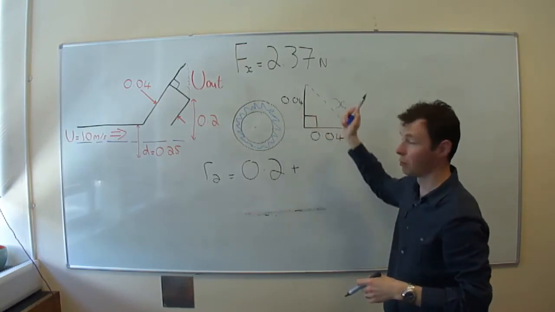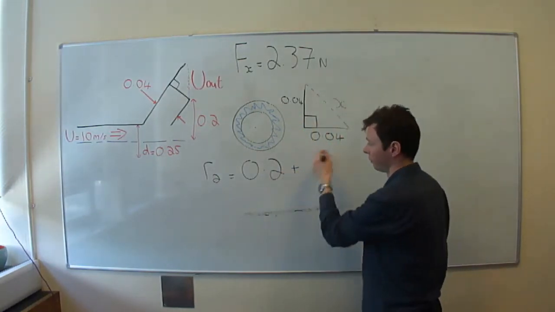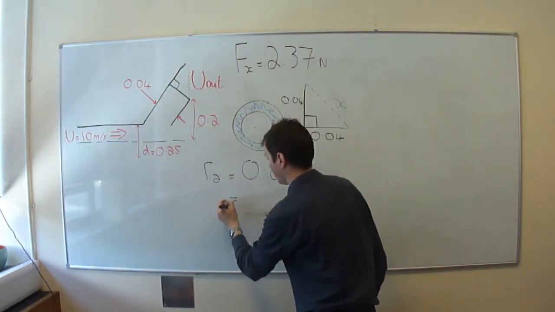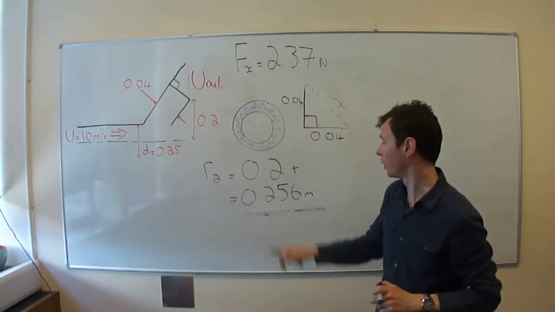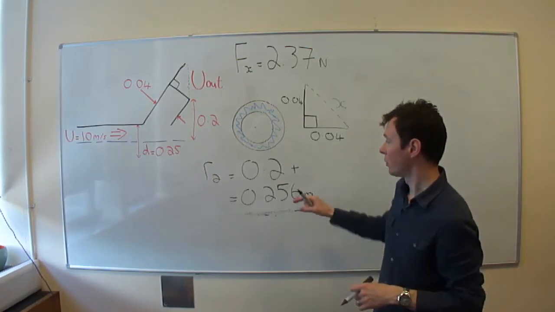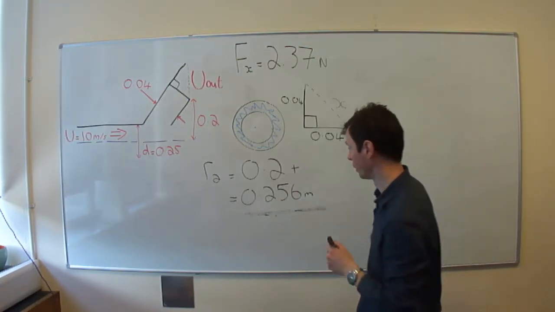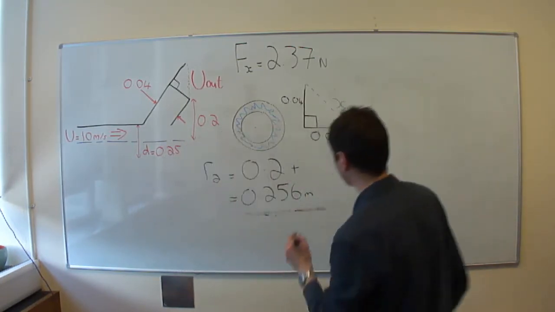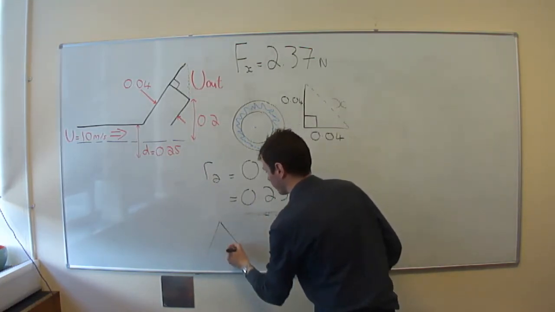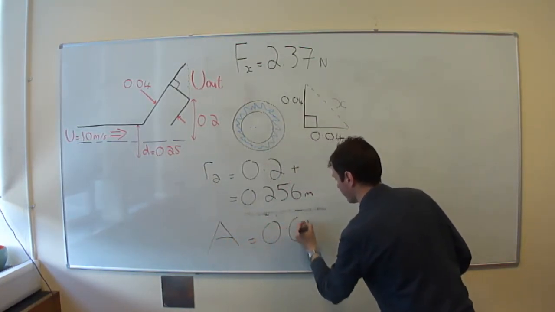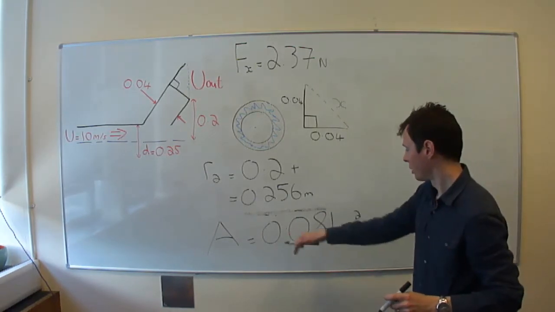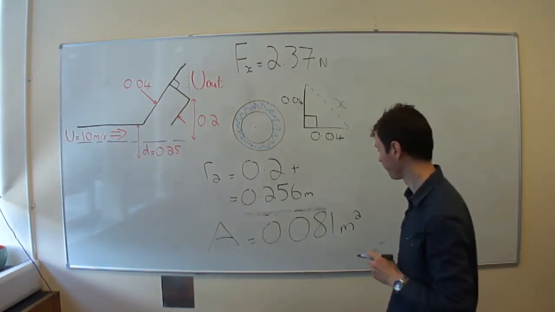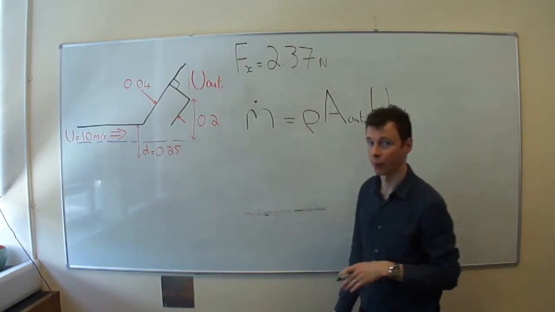So you can just use Pythagoras theorem to work out r squared, which is a number. Okay, so the larger radius is 0.256. Work those out in terms of two circles, take one away from the other, and you can find the differential area, which when you work out you should get this number here, 0.081 metres squared.